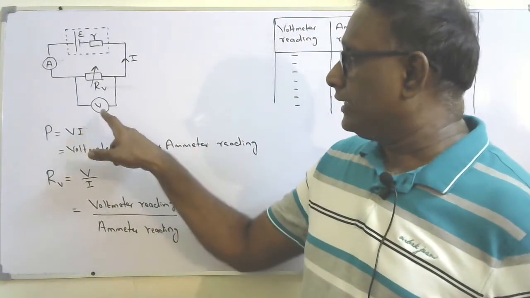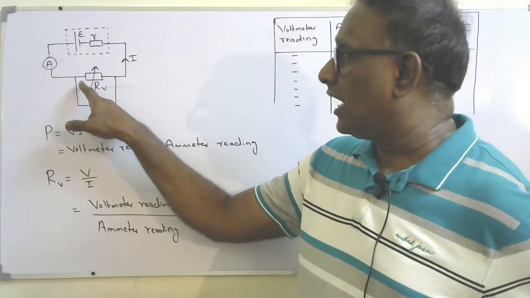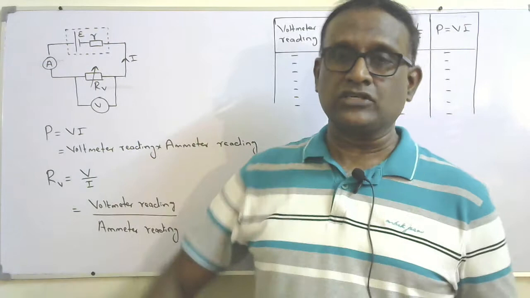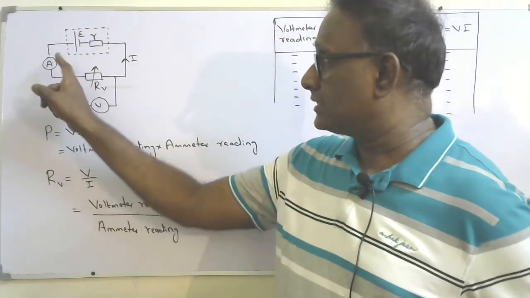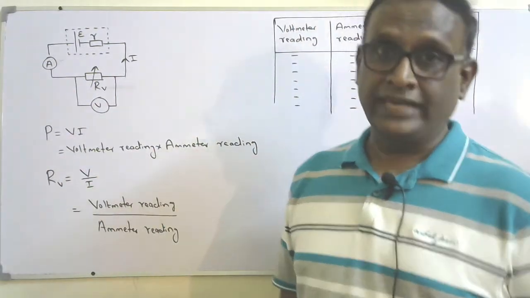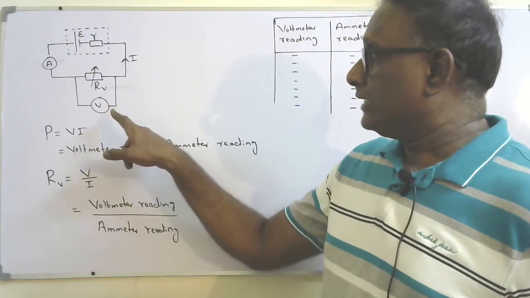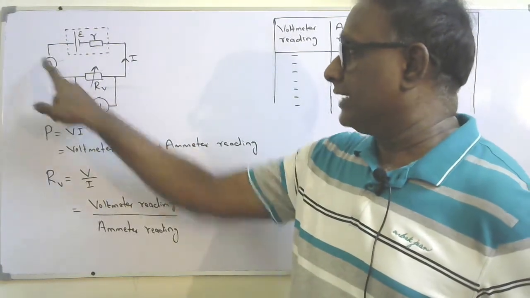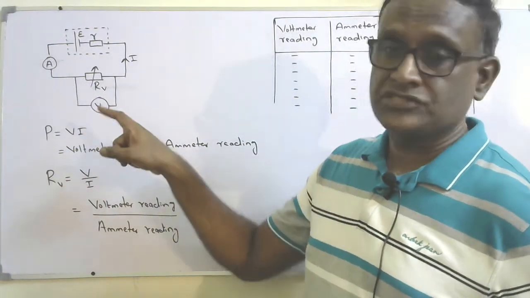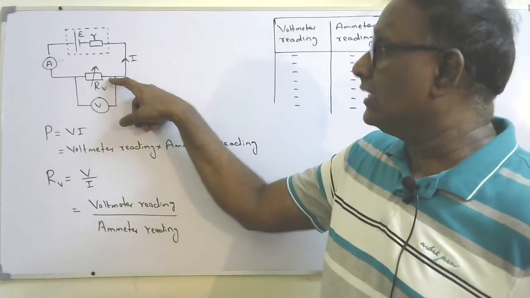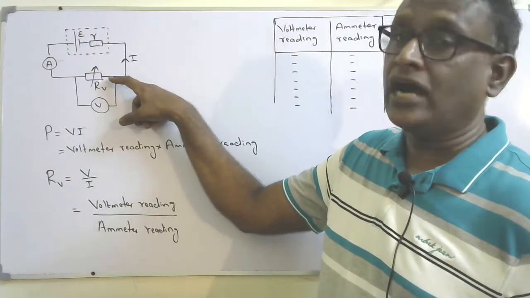So here the voltmeter records the voltage across the RV, the variable resistor. Ammeter records the current flow through the variable resistor. So if I multiply the voltmeter reading by ammeter reading, that will give the power transferred or power dissipated in the external component RV.